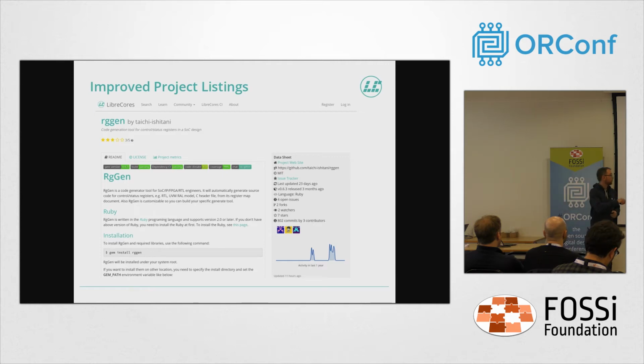So what you get, for example, is when this project was last updated, whether there are released versions, what languages it is written in, the number of open issues, forks, watchers, stars, the number of contributors, and you also see the activity, which is essentially the commit activity in this project over the last year.